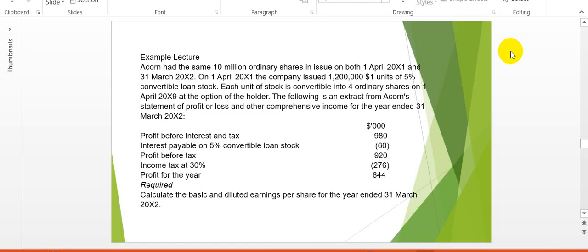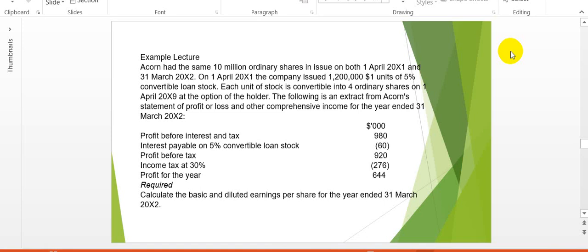That was under financial instruments, but under EPS, this convertible loan has the potential to dilute the EPS. So this standard now also requires that you show this potential dilution in the EPS.